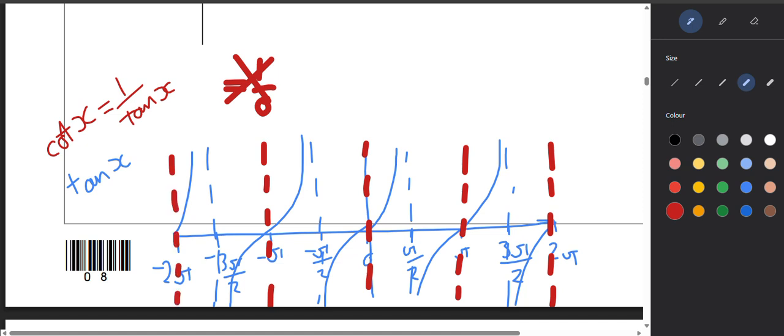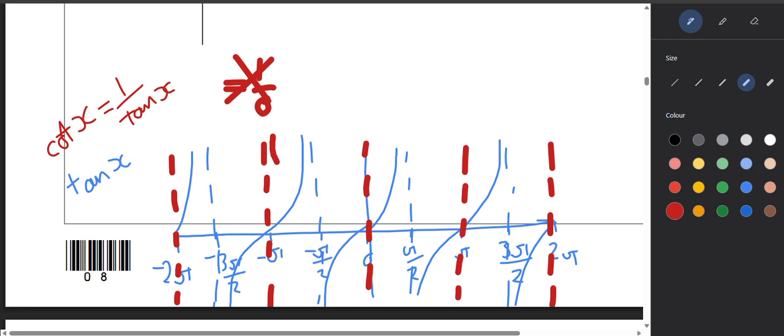Then we need to think about, again, what happens with tan and how that affects cot. So let's say I'm doing 1 divided by a very, very small number. So we've gone a little bit past 1, but we're still dealing with a very small number. 1 divided by a very small number gives me a very large number out. So that means when tan is very small, cot is very big.